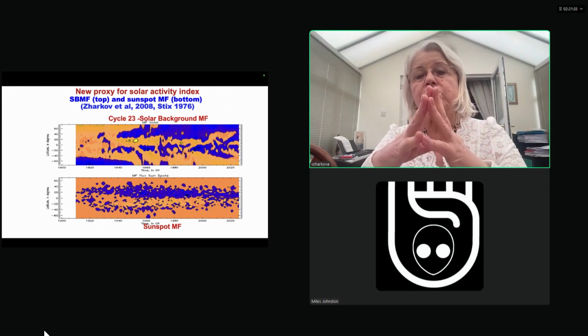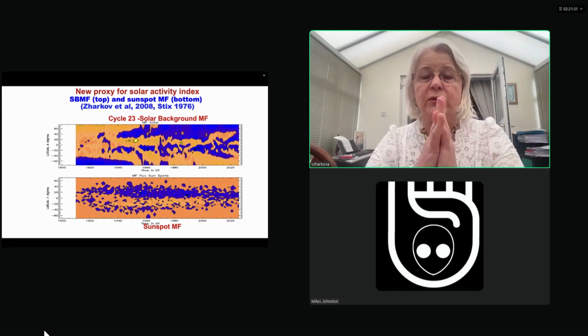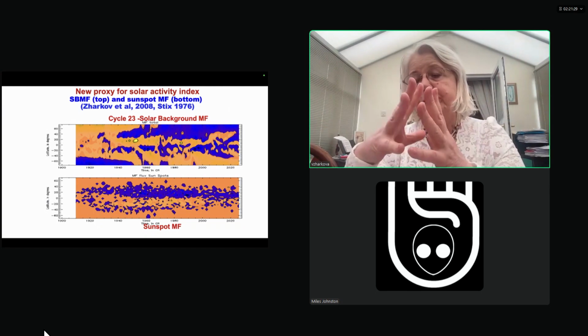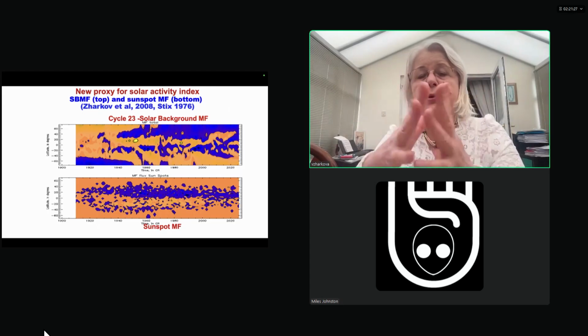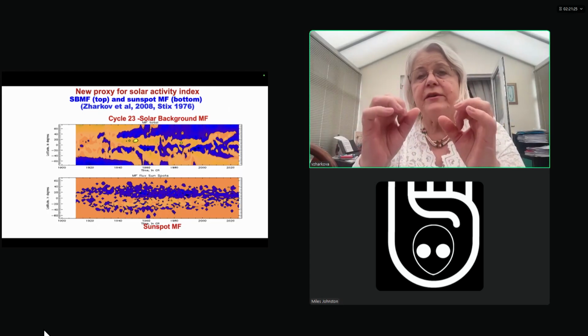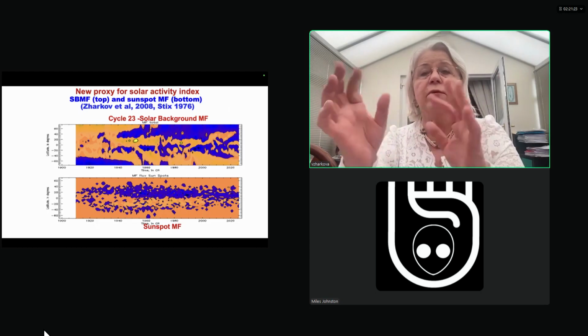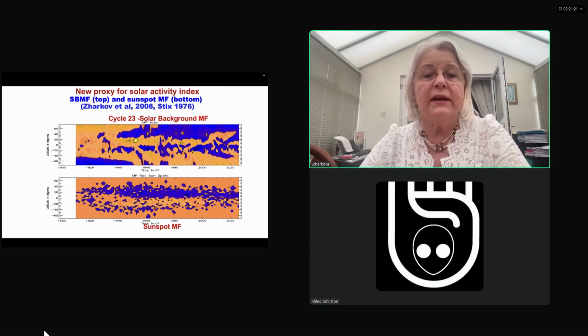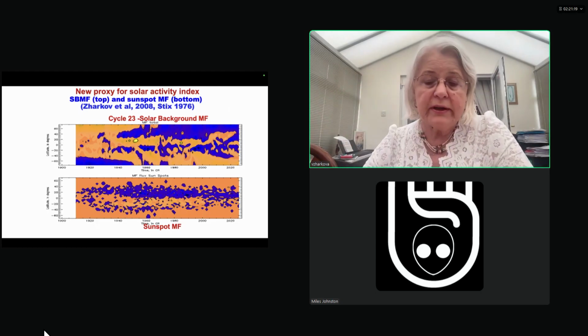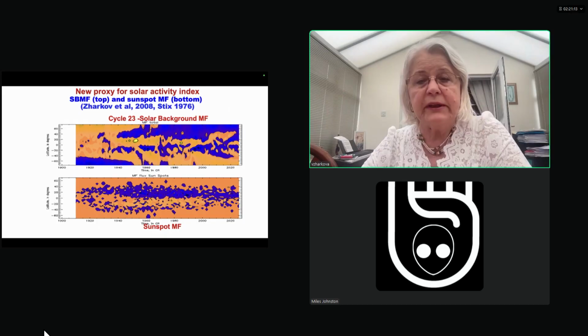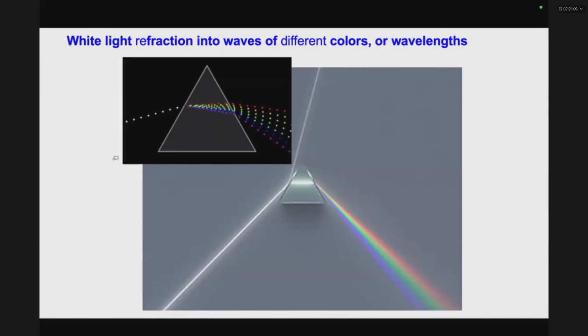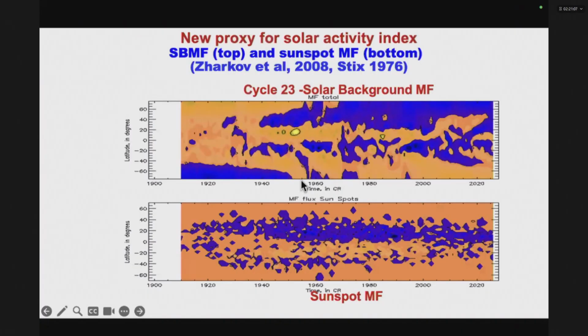When we tried to produce an automated solar index, it was very difficult because the error bar is very big, since the area covered by sunspots is one thousandth of the area of the sun, and the errors are very strong. This is why we were looking for another proxy, and this proxy, the background magnetic field, turned out to be very good.